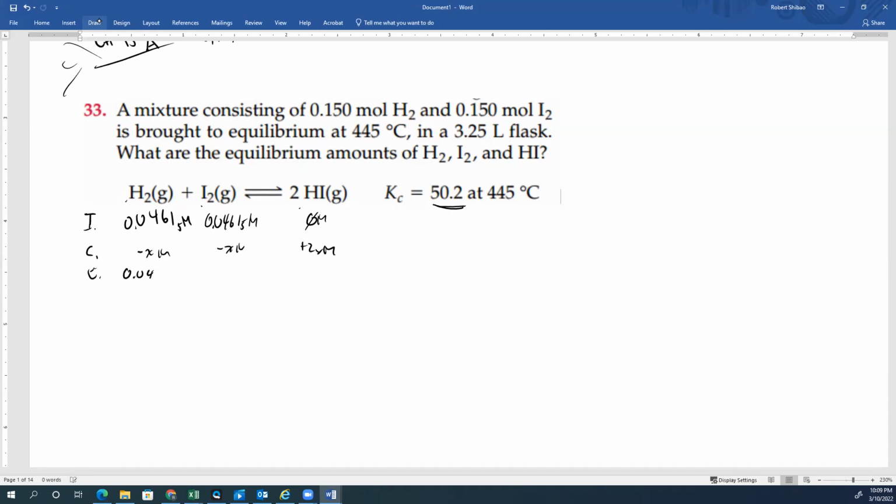So I'm going to get 0.04615 minus x, and the same thing here, 0.04615 minus x. I probably would have reset this if, well, actually, there's something else you might be able to see, which is the symmetry of this particular problem.